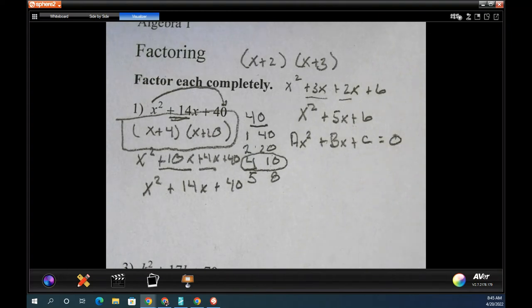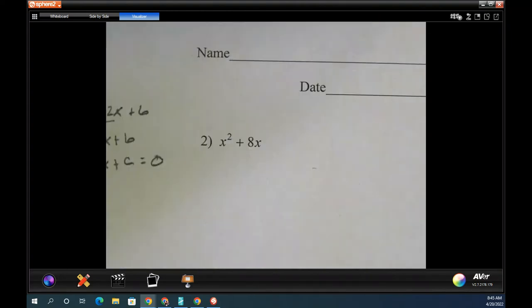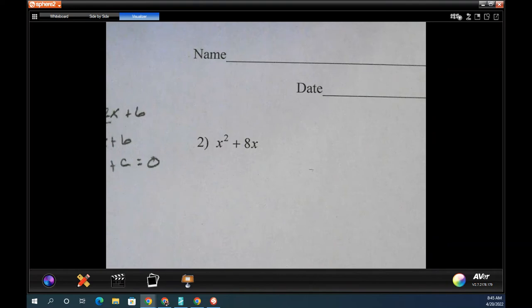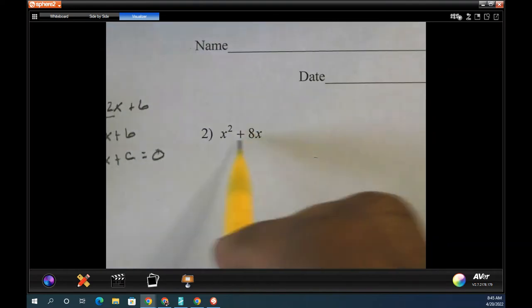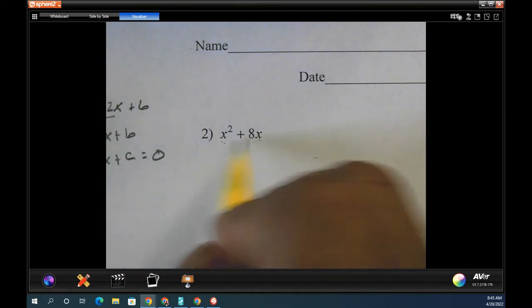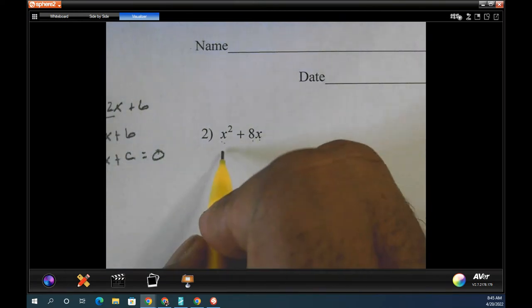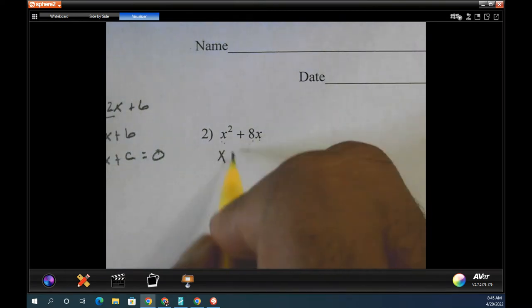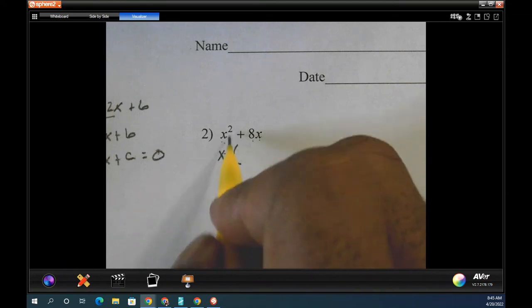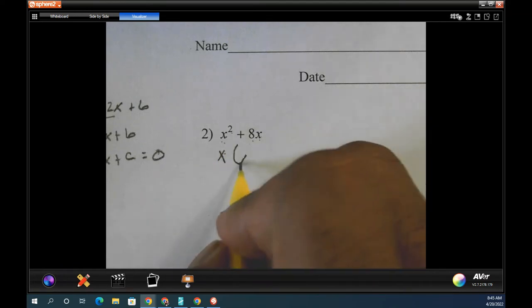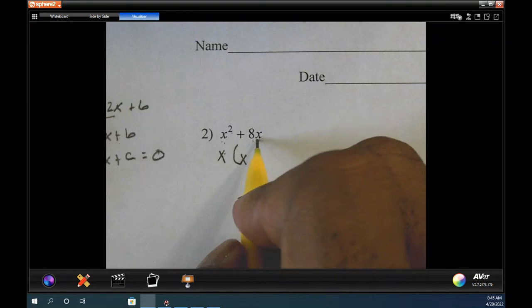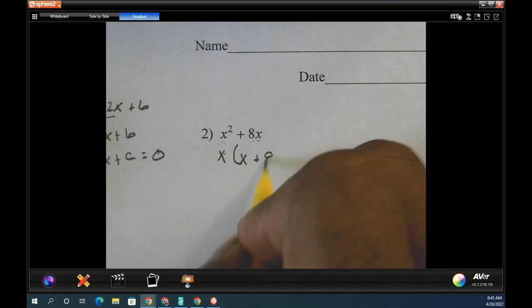All right, number 2. Let's look at this one. This is going to be big later on. This is not a trinomial. We got a binomial. The only thing they have in common is an x. You can take out an x. So if you take away 1x from x squared, that just leaves x. And you take away this x, it's just 8.